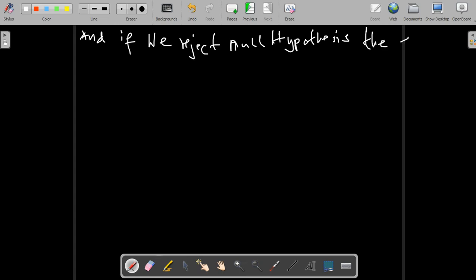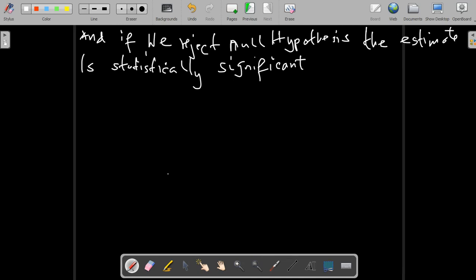As I told you, if we reject the null hypothesis, we say that the estimate is statistically significant at a given level of significance.